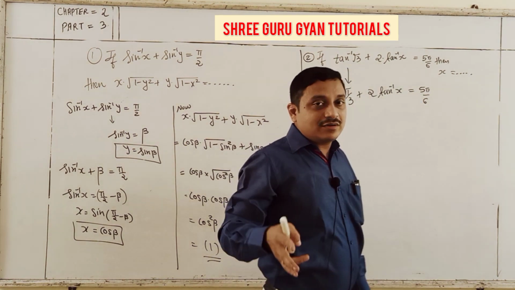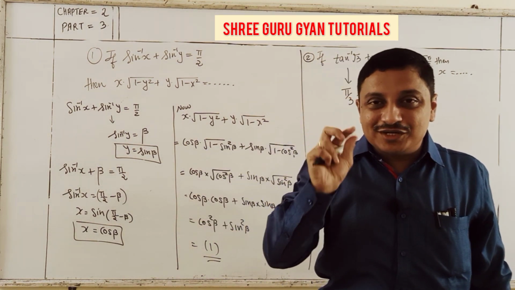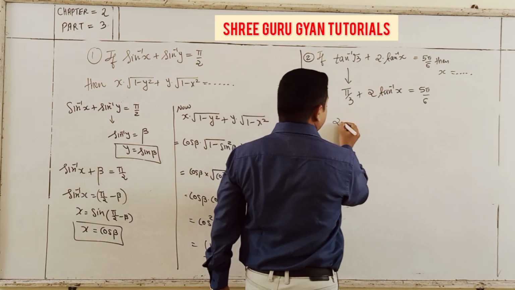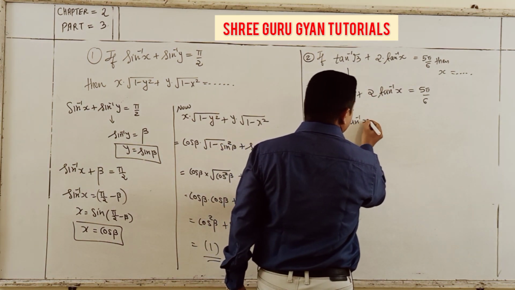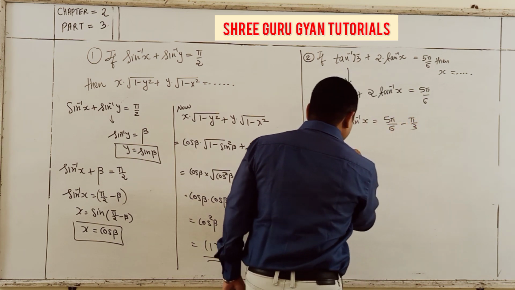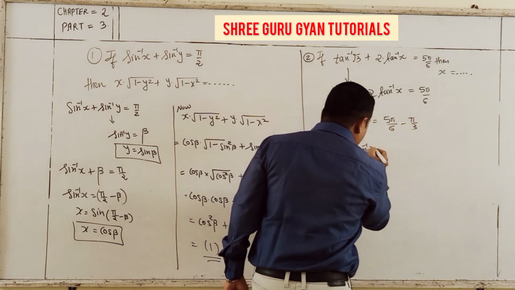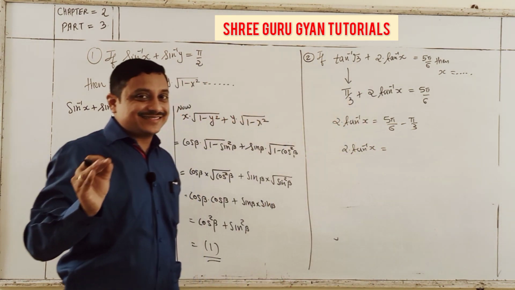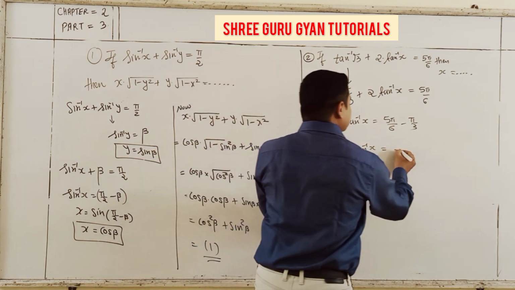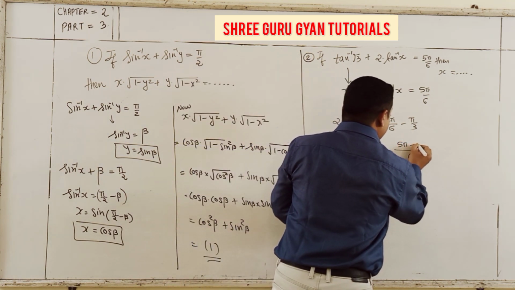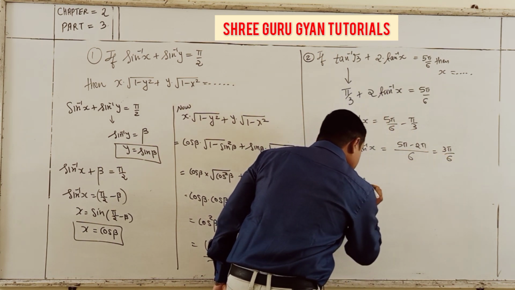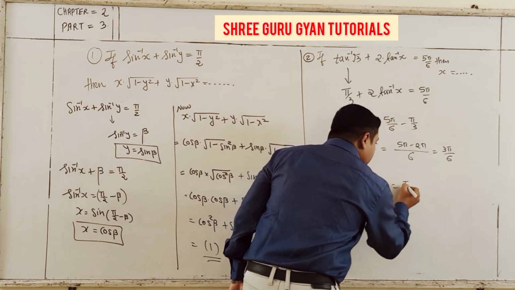Now make the splitting to dissolve x. So pi by 3 I will take to the right side: 2 tan inverse x equals 5 pi by 6 minus pi by 3, and take the LCM, which is 6. So 5 pi minus 2 pi is 3 pi by 6, which is pi by 2.